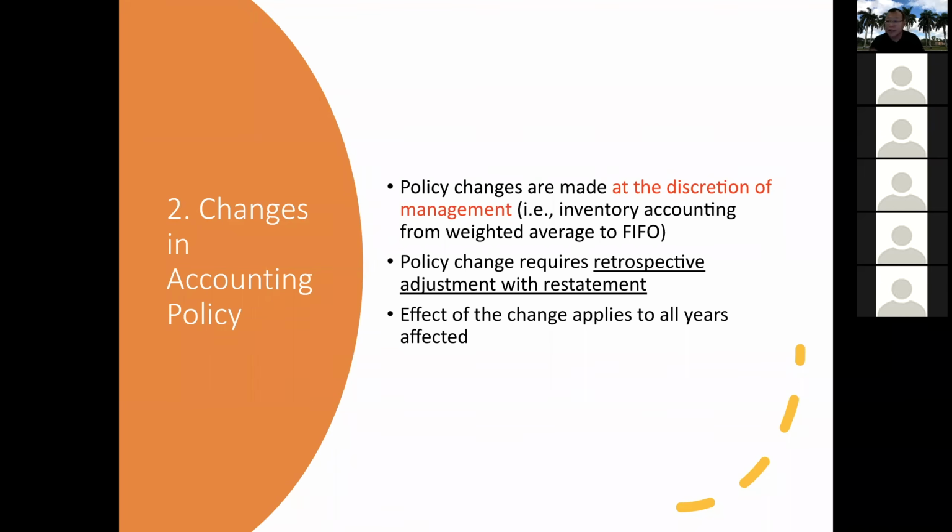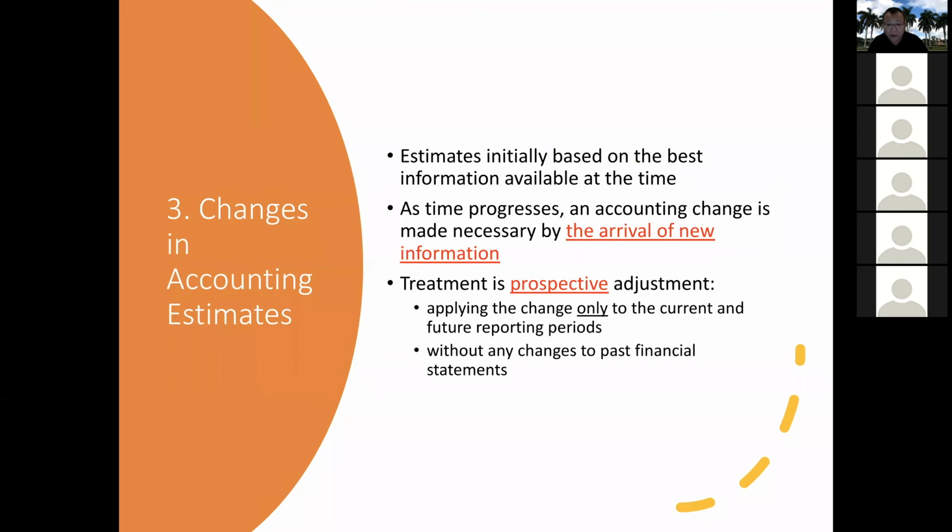So changes in accounting policy are also done retrospectively, right? The changes in accounting estimate, okay? This is because of new information, therefore the adjustment is only prospective. So you are saying this year, because the COVID rate is now 3%, I have to go back to the previous year to make it 3%.